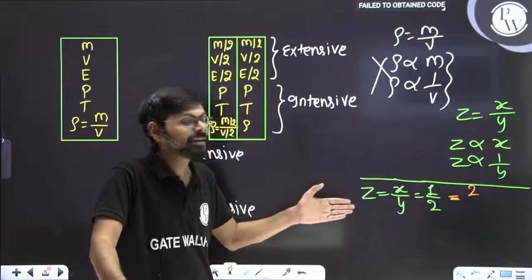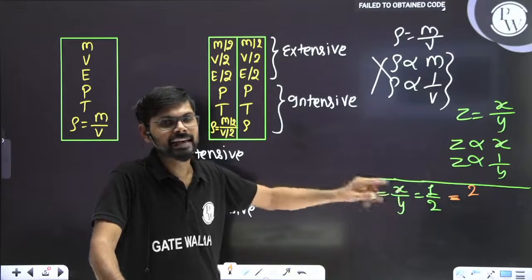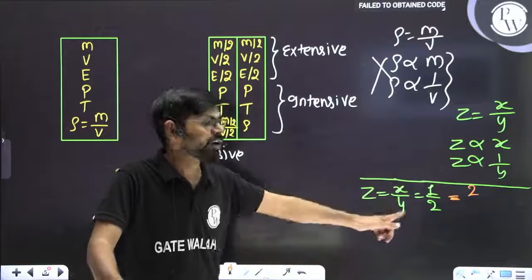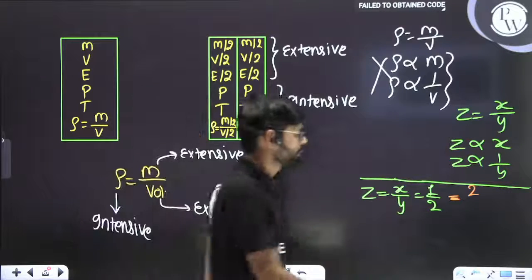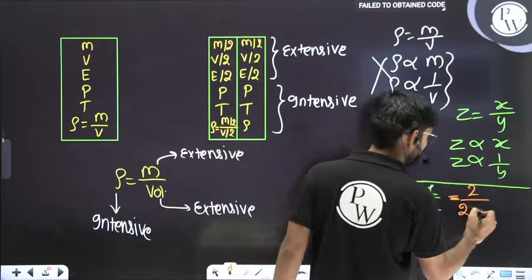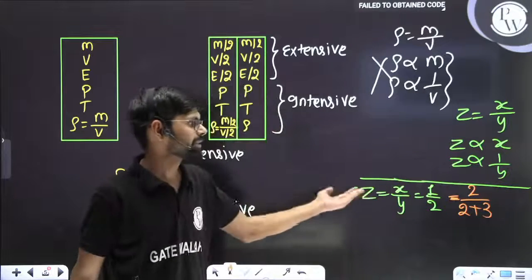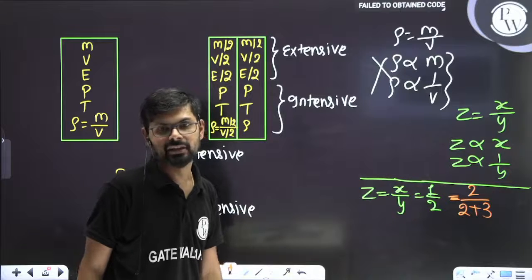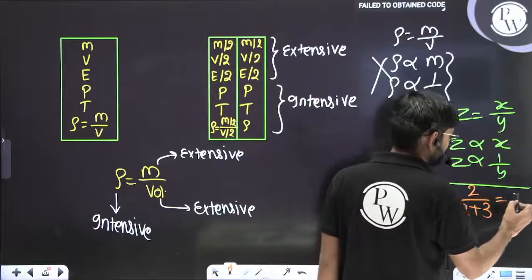Let's say when you increase the x value by 1 unit, y is going to increase by 3 units. So now y will be 2 plus 3. Now you can see that z value actually decreases. Now it is 2 by 5.